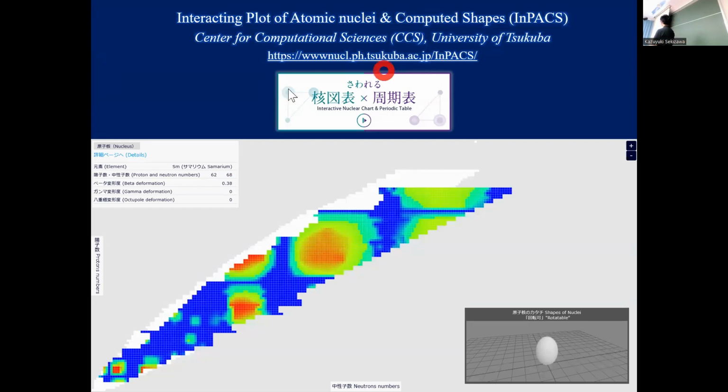If you access this web page, you can click on each nucleus and see what the shape of this nucleus looks like, and you can change the view and see the deformation of all nuclei throughout the nuclear chart. And actually, not only the shapes, but also various quantities can be obtained.